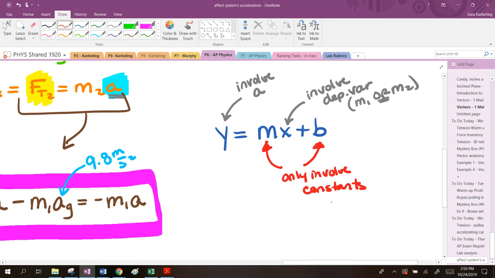The acceleration due to gravity stayed constant, and then either M1 or M2, whichever one you didn't change.